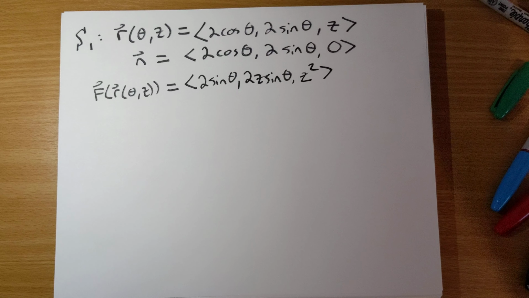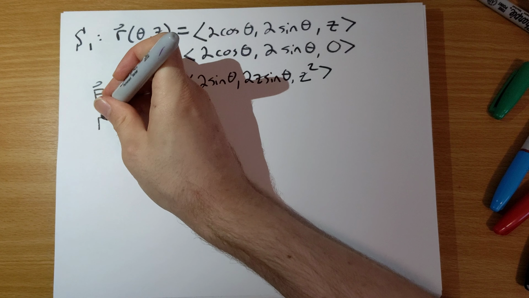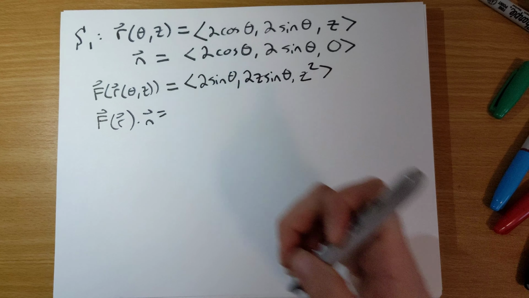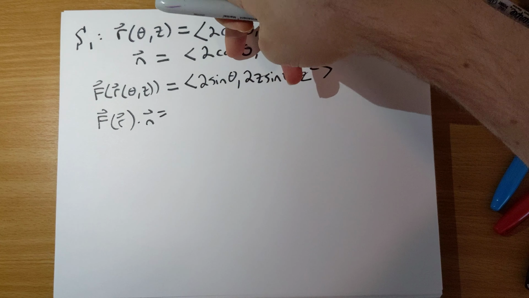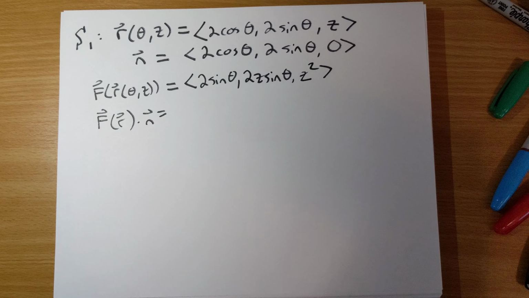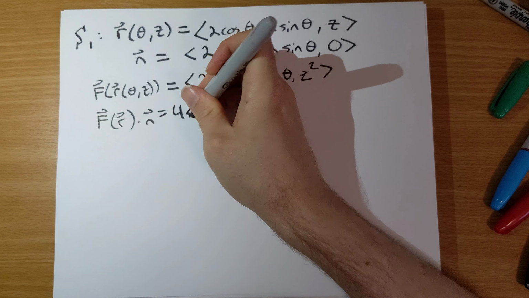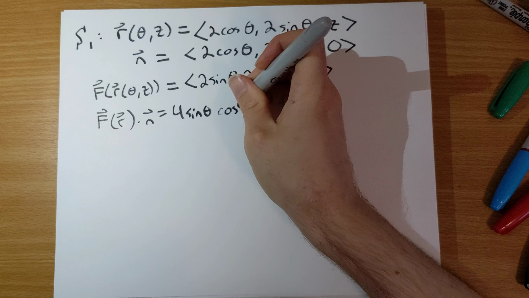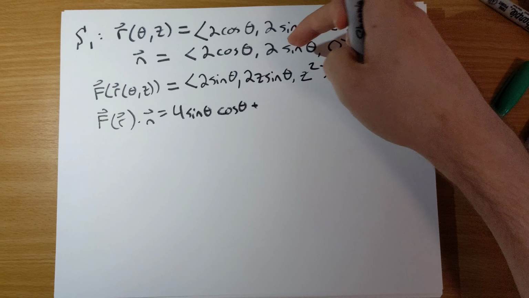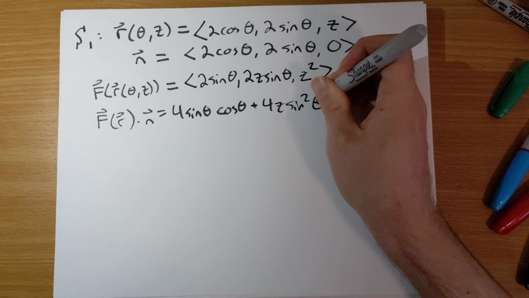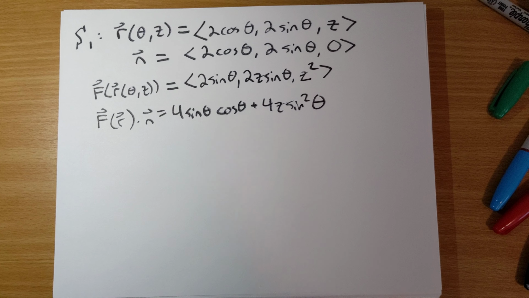So this is our F of r of theta and z. F of r dot product n: this times this is 4 sine theta cosine theta. This times this is 4z sine squared theta.